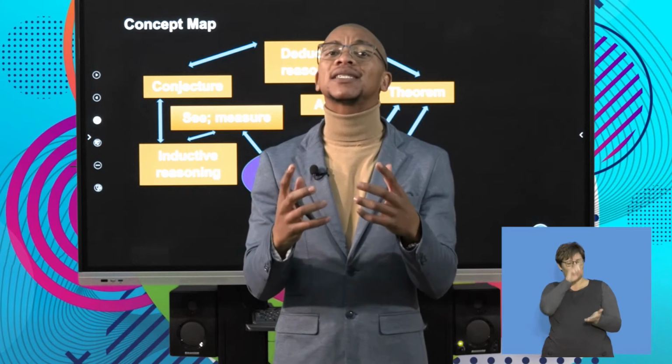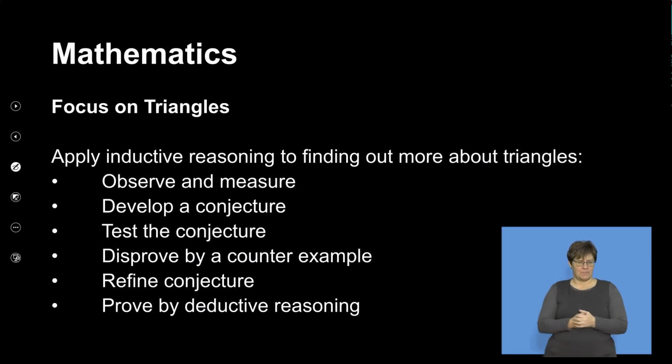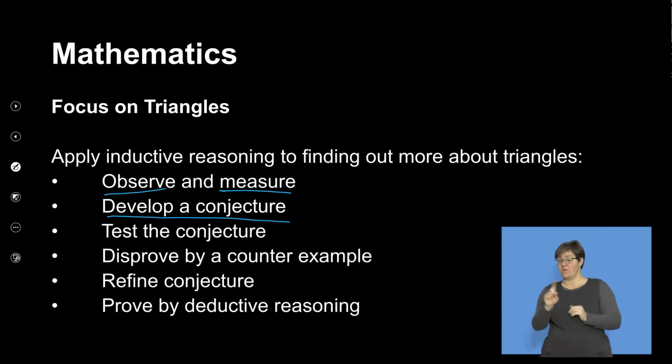But let's just see, how do we now apply this inductive reasoning? When you apply inductive reasoning to find out more about triangles, we try to observe and measure, as I showed you. We develop a conjecture. Developing a conjecture will be, after I see that this is what has happened, I can then make a statement, and that statement will be considered as a conjecture.